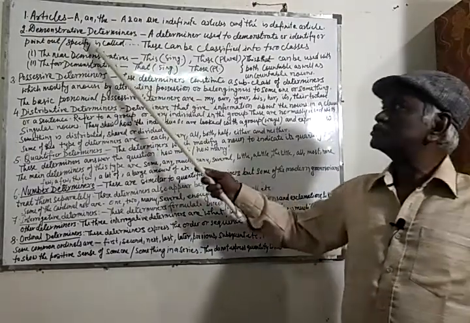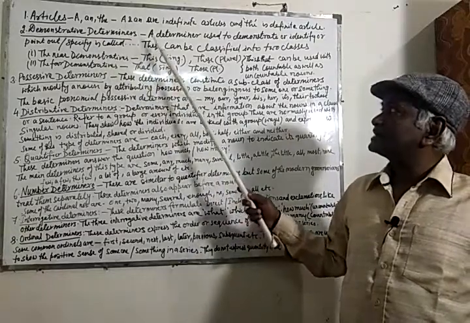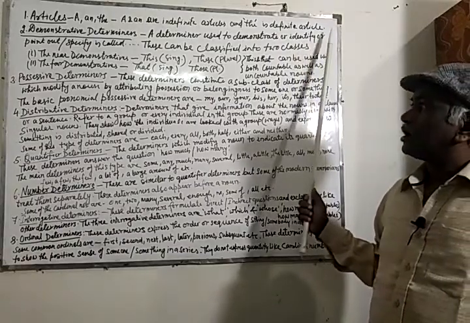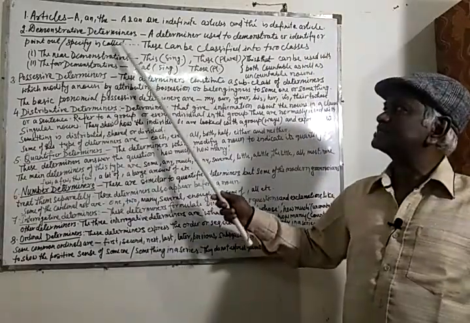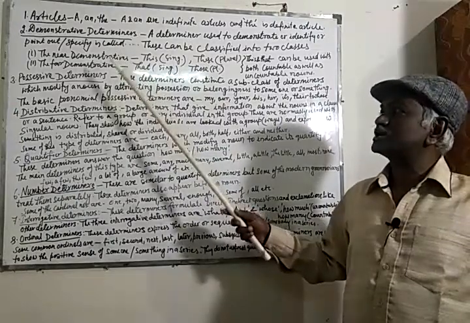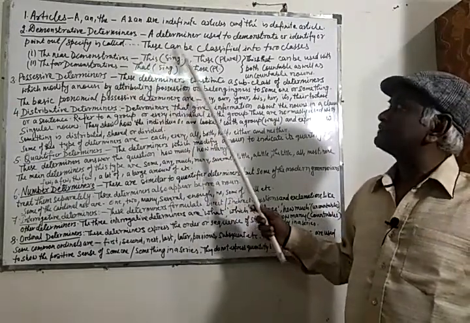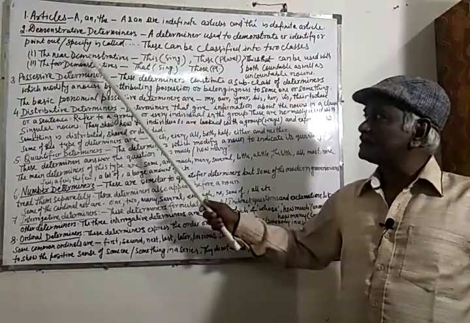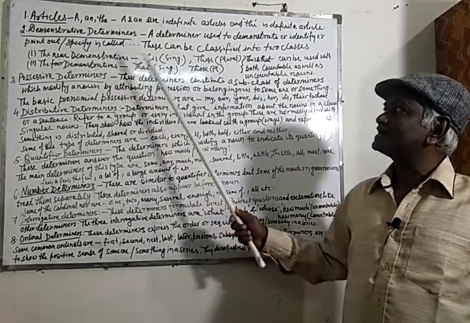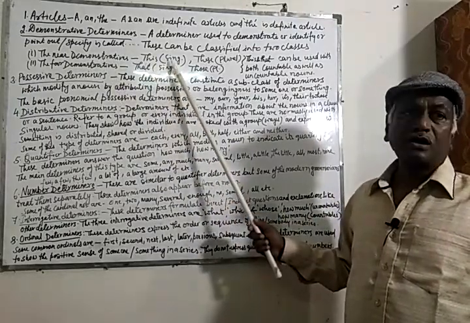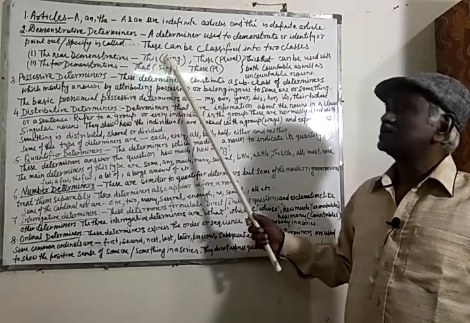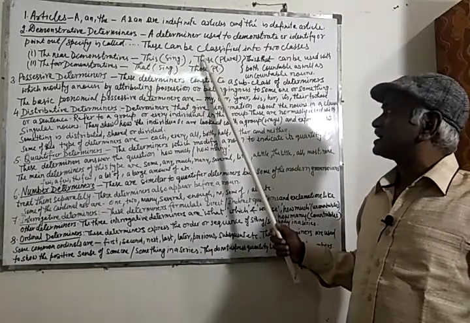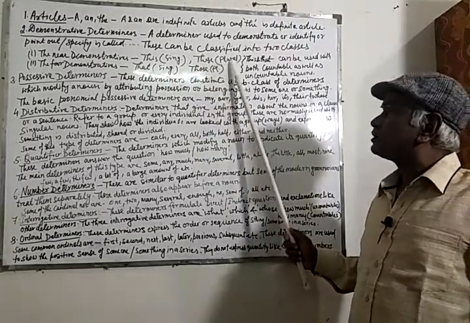The second one is demonstrative determiners. A determiner used to demonstrate or identify or point out or specify is called a demonstrative determiner. This can be classified into 2 classes. Number one is the near demonstrative determiners: this, used for singular, and these, used for plural.